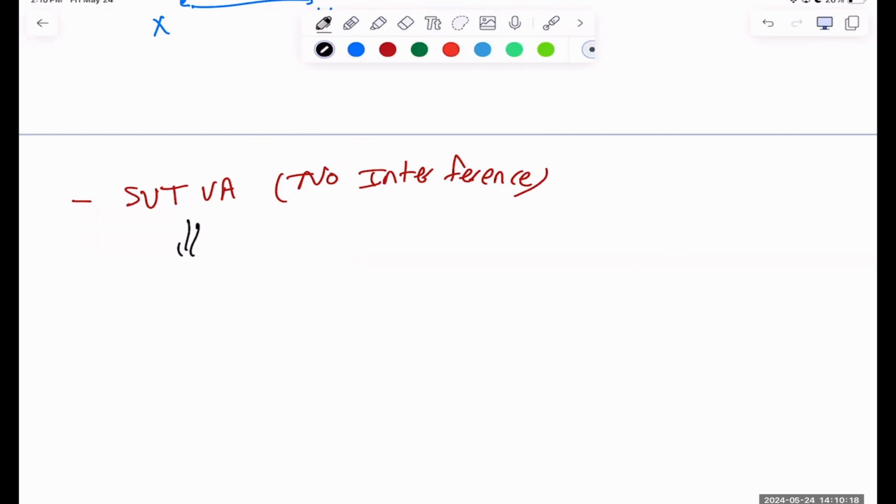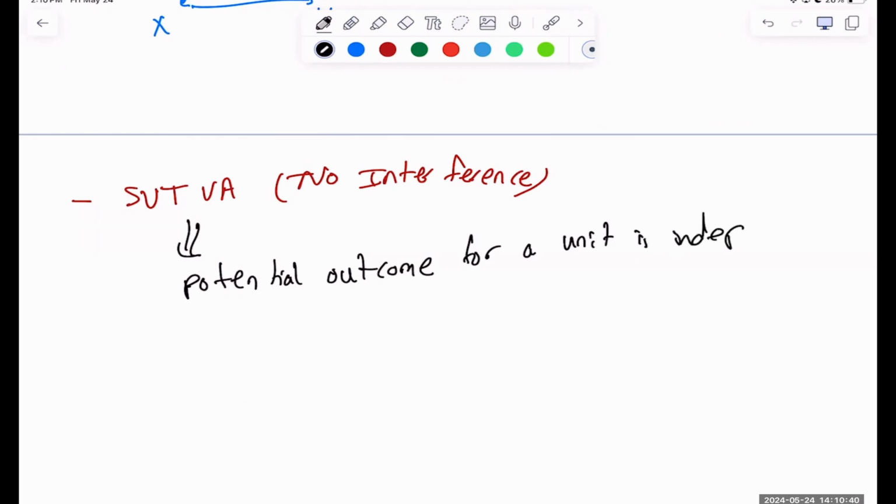But the important thing to learn about SUTVA is not the acronym, it's what exactly it means. SUTVA means that the potential outcome for a unit is independent of how other individuals or units are treated.